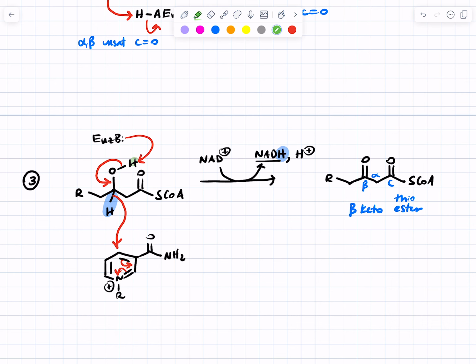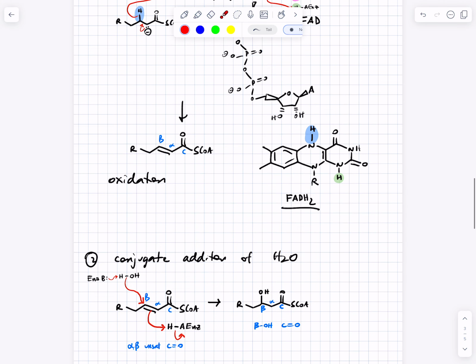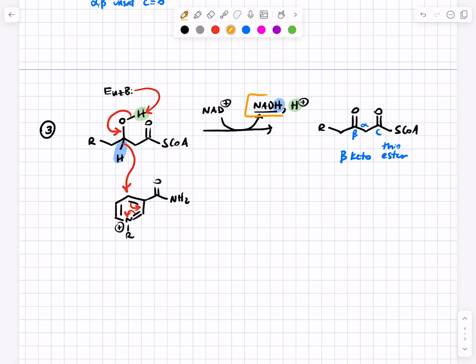The proton that's removed by the enzyme active site is the one from the alcohol. So that's a second oxidation step. If you're keeping track of the accounting for energy-rich molecules that we've generated, FADH2 is one and NADH is another.